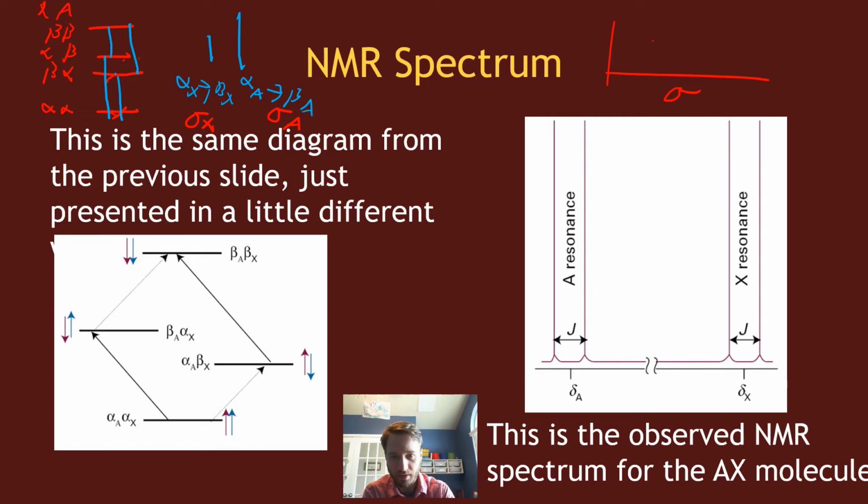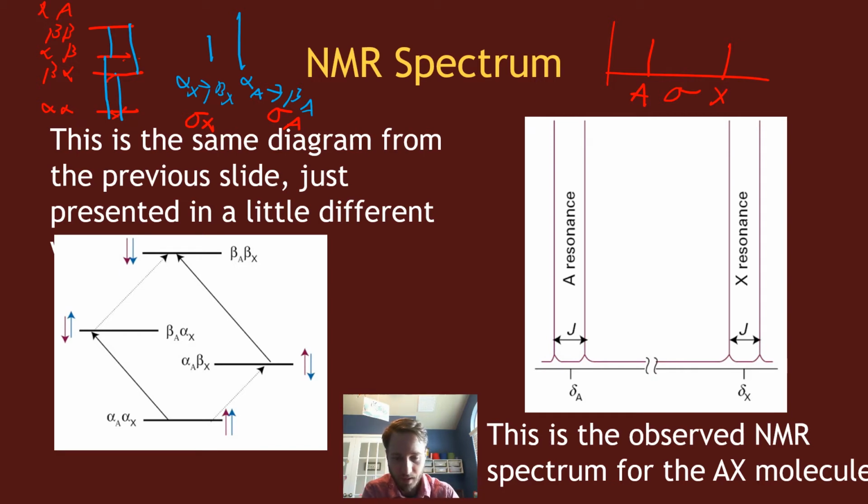I'll get a peak corresponding to X, and a peak corresponding to A. I'm going to switch around the location here. So again, this is without any coupling between our nuclei. I will get one peak corresponding to wherever atom A is, and one peak corresponding to wherever atom X is.